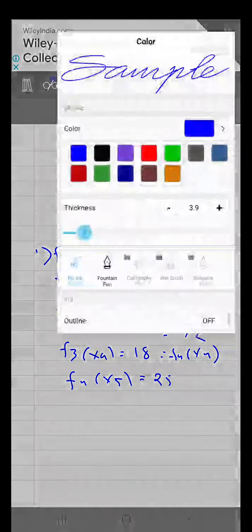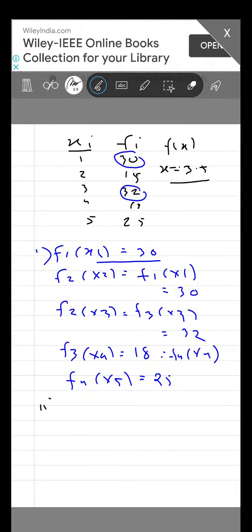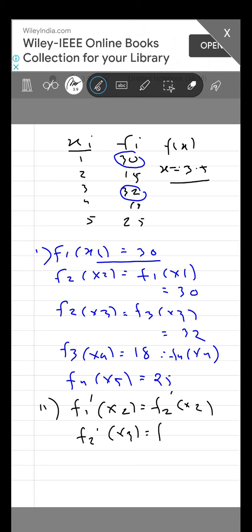The second condition is the first differentiation. So f1 dash x2 is equal to f2 dash x2, f2 dash x3 is equal to f3 dash x3, and f3 dash x4 is equal to f4 dash x4.